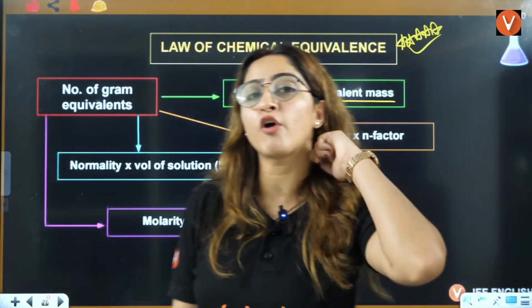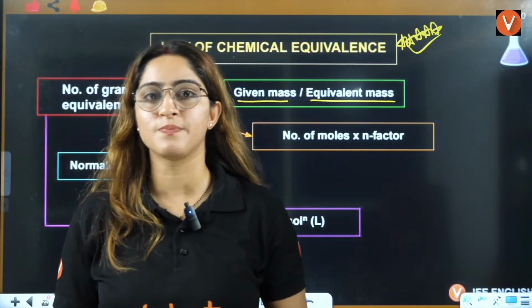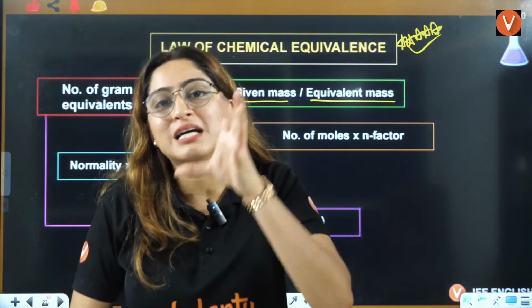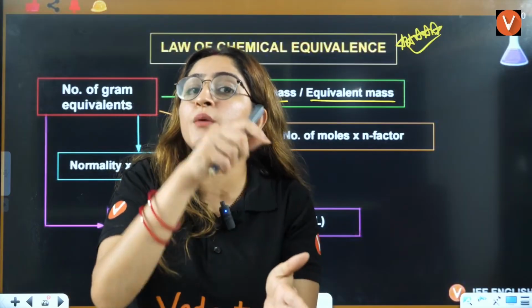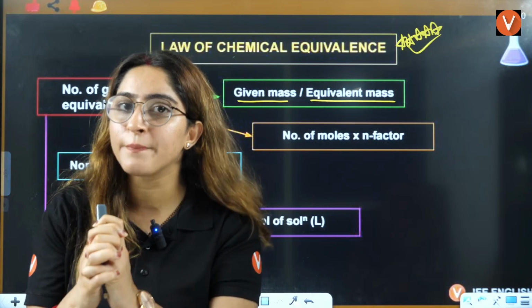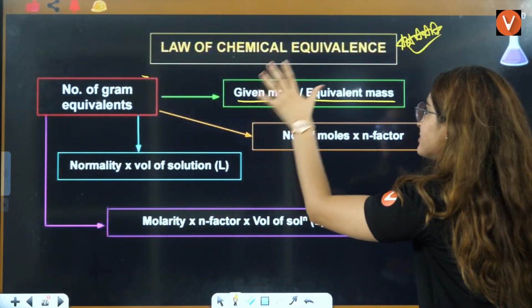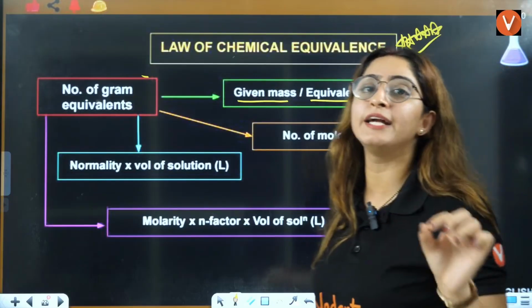See, number of moles is given mass by molar mass, right? So when you're talking about gram equivalents, replace the molar mass with equivalent mass. So here, number of gram equivalents is given mass by equivalent mass.